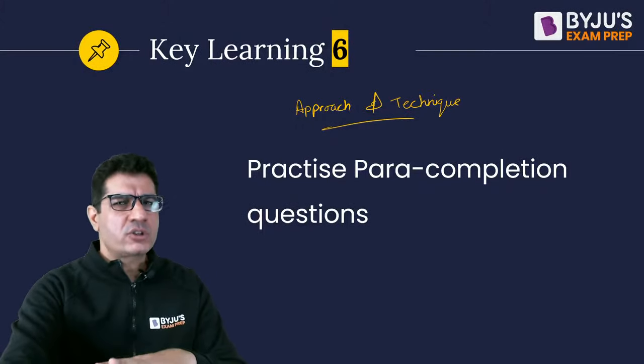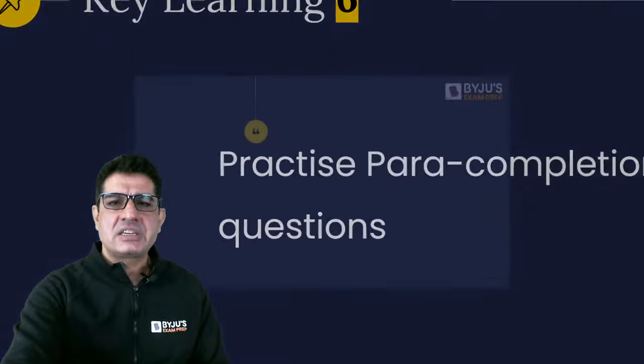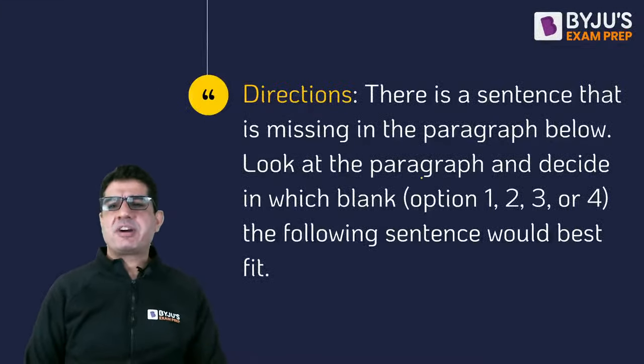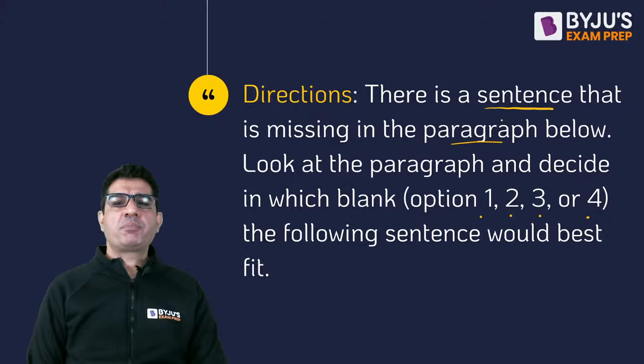So in case you want to know more about this question type, here are the directions that were provided in the exam. The question gave us a sentence, and then the sentence was followed by a paragraph. Within that paragraph, there were 4 blanks, and we were supposed to figure out the best place for this sentence.